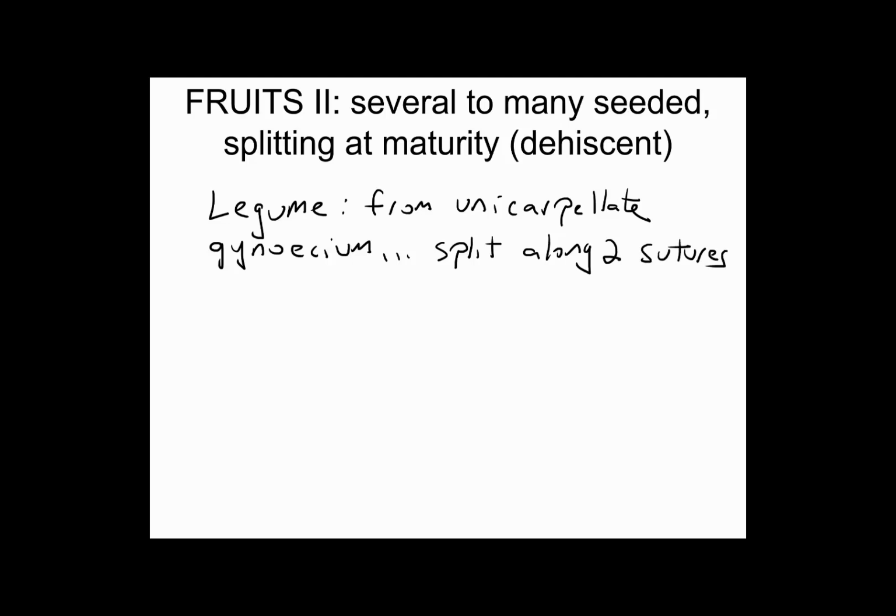And our example of that, a lot of grocery store examples, peas and beans, also the peanut, by the way. That was our fruit example. And there's a lot of wild examples. This is found principally in a family that's called the Fabaceae.